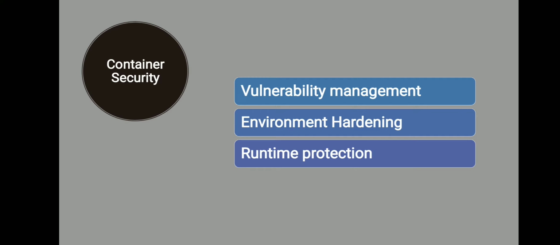Environment hardening is all about continuous monitoring of your Docker configuration. If you have heard about the Center for Internet Security, they issue benchmarks for different operating systems and different tools.